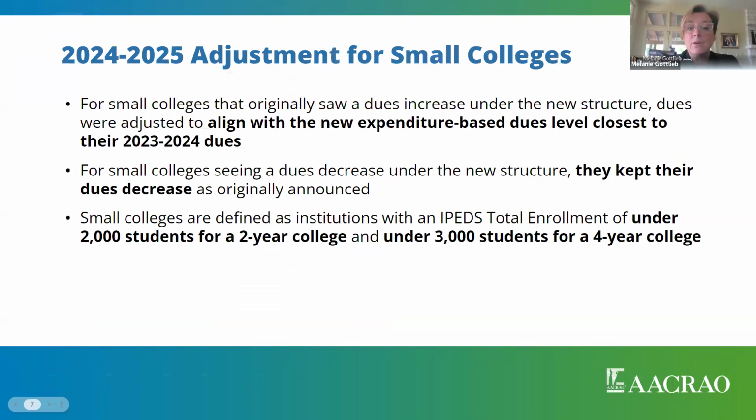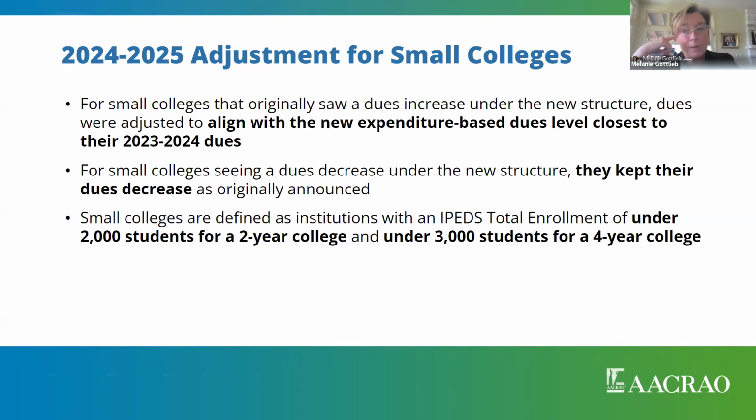As a reminder, we made a temporary adjustment for the small colleges for the current dues cycle that we are in. The adjustment included 3 components. First, it aligned with the small colleges' new dues levels that were closest to their previous year's dues assessment.